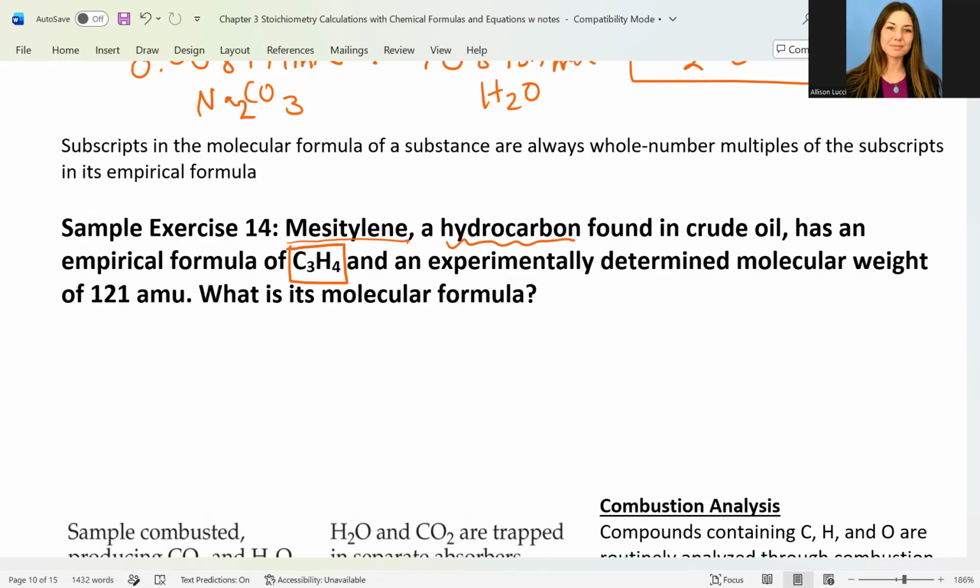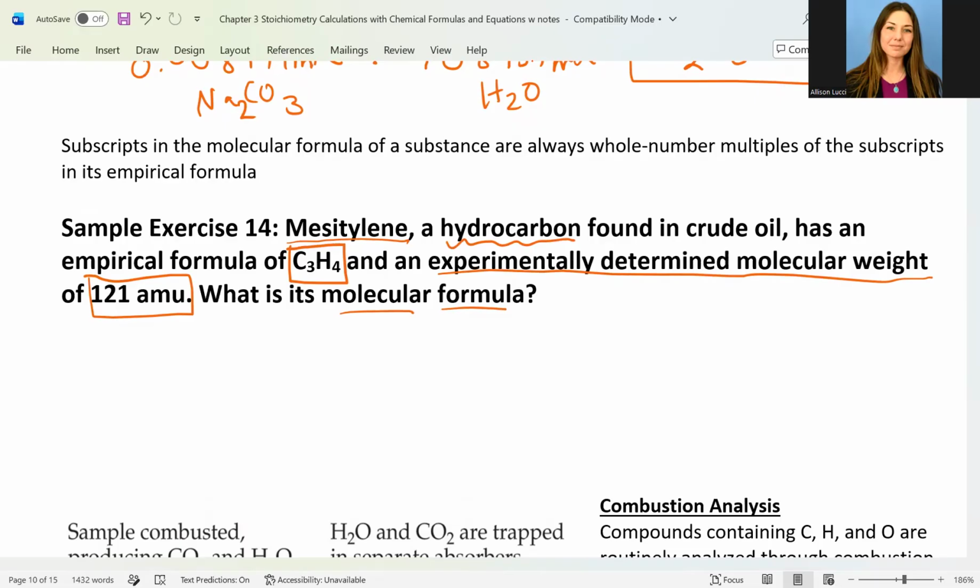And we experimentally determined the molecular weight, so what the compound actually appears like, the full amount of carbons and hydrogens, we should assume. It has a molar mass or molecular weight of 121 atomic mass units. So we want to know what is its molecular formula.